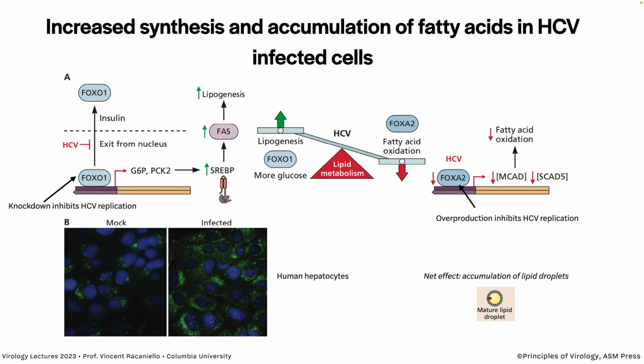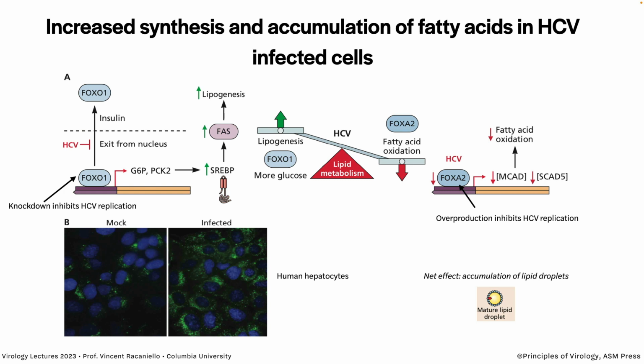Normally, this transcription factor leaves the nucleus in most cells and it's not active. Virus infection inhibits its exit from the nucleus. So now there's more FOXO in the nucleus, and you have more lipogenesis. So that accounts for the increase. And if you knock down the FOXO1 mRNA with siRNA, for example, you inhibit replication, as you would predict, because increased lipid synthesis is important for virus multiplication.